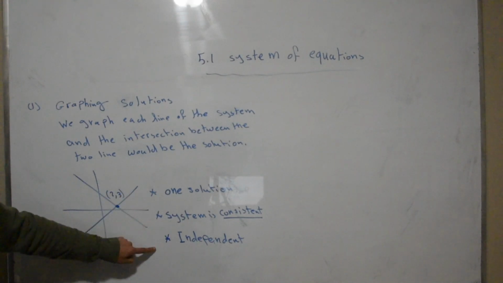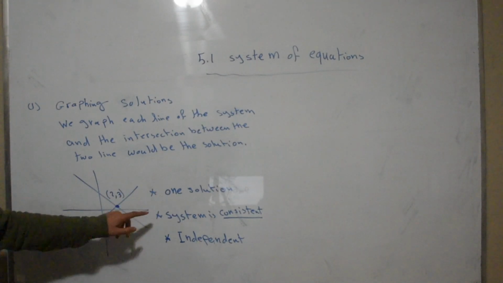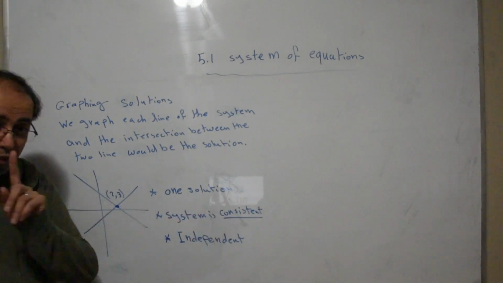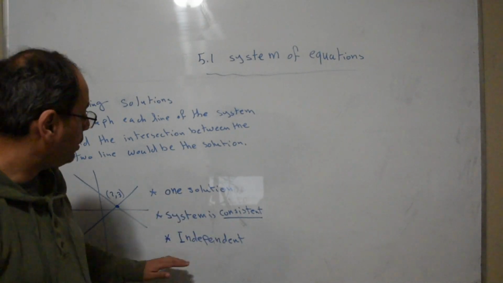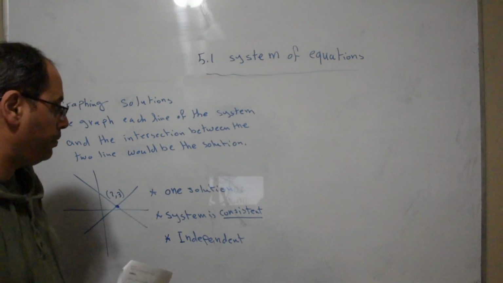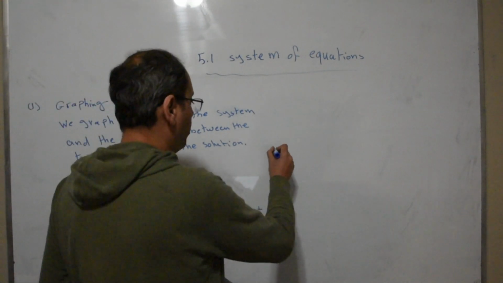So three characteristics of the system: one solution, consistent because I have a solution, and independent because the two variables are not depending on each other.